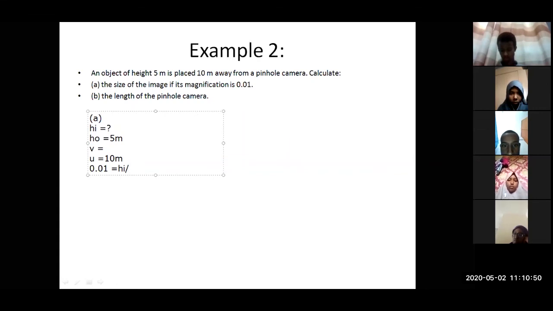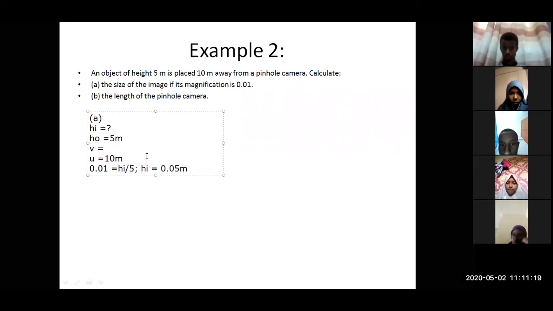Ho is the 5 meters. So who is right? Our hi will be equal to 5 multiplied by 0.01. So it will be 0.05 meters. If I check the messages, you will find there are those who got 0.05. Whoever got 500, I think you converted to centimeters.